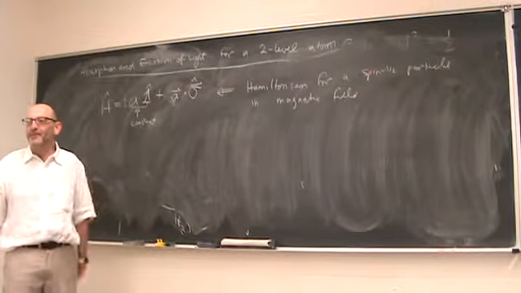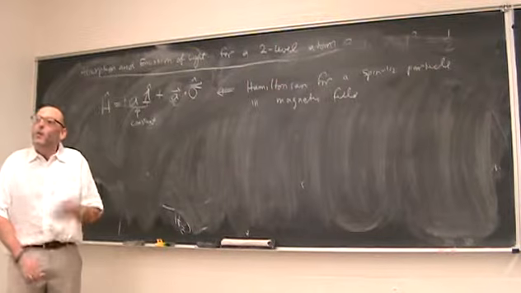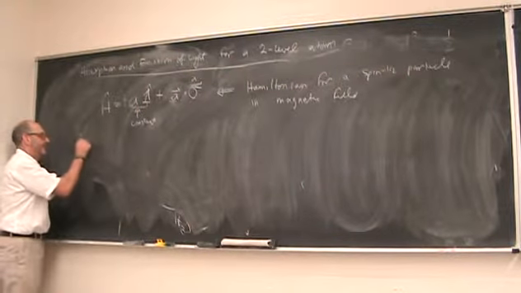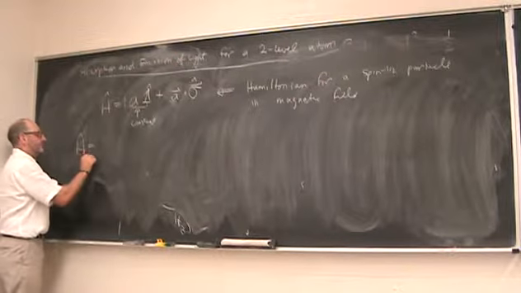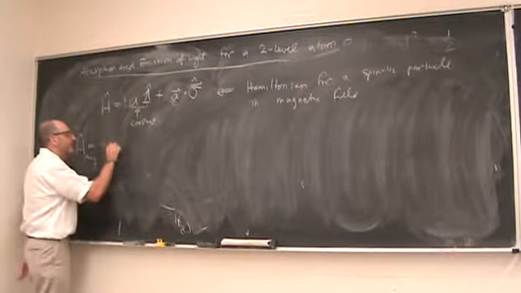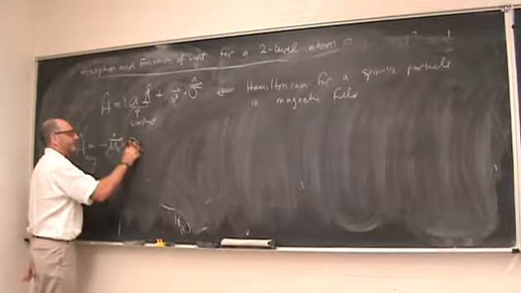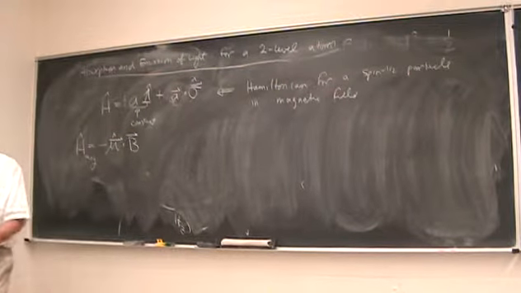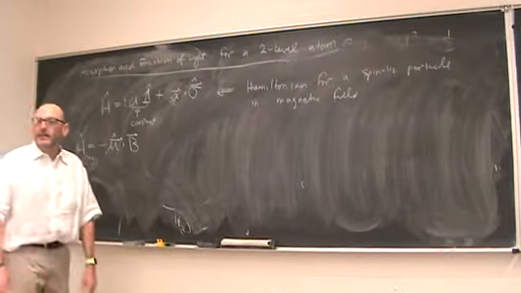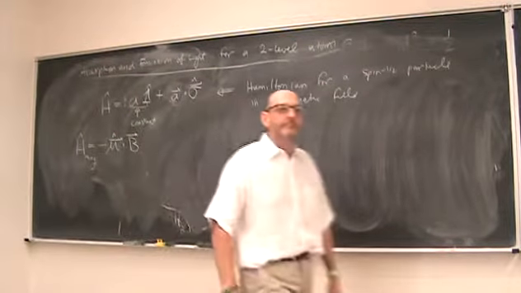Right, that's the form we had before. Why is that? What is the Hamiltonian for a spin in a magnetic field? Minus mu dot B. Thank you very much. That's the Hamiltonian associated with the spin in a magnetic field.